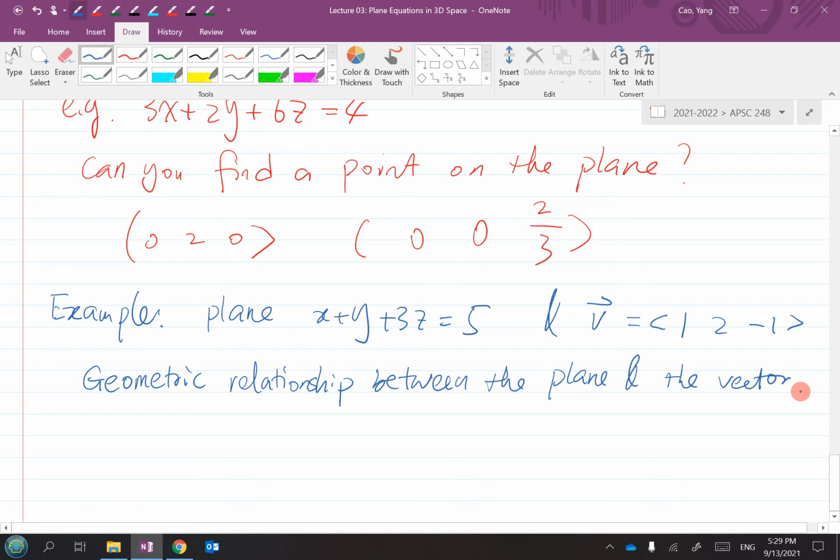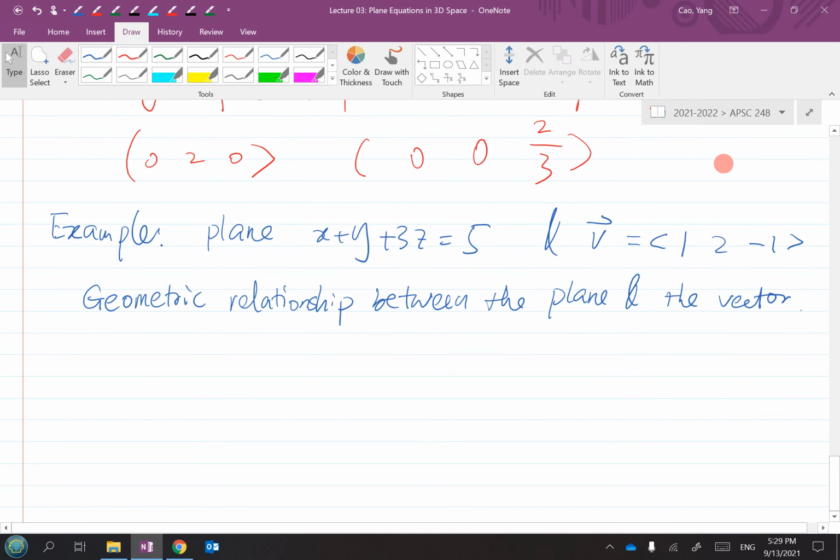So now I'll explain a little bit what geometric relationship means between the plane and a vector. Of course, first of all, if you have software, MATLAB or Maple or any other engineering computation tool, you can always plot this plane. You can also plot the vector. Chances are, once you plot them out, you can immediately tell what their geometric relationship is.